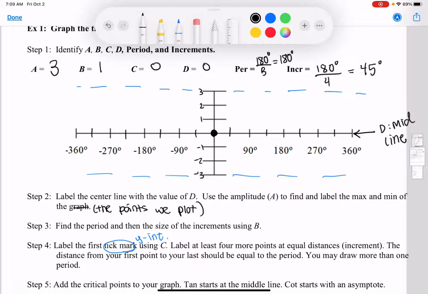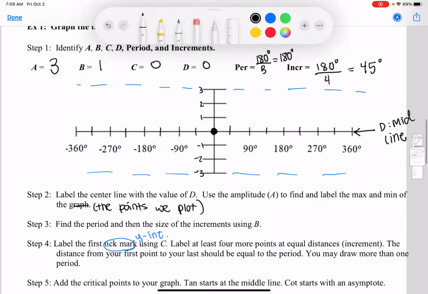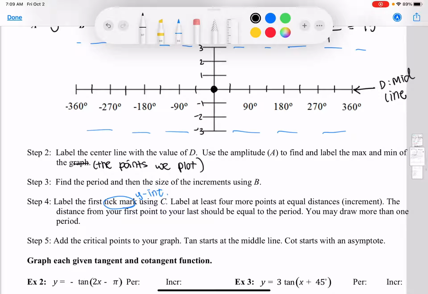Okay, and then label at least 4 more points at equal distances using those increments, starting from this initial point that we just plotted on the y-intercept. And you can draw more than one period; I would draw as many periods as will fit on your graph.